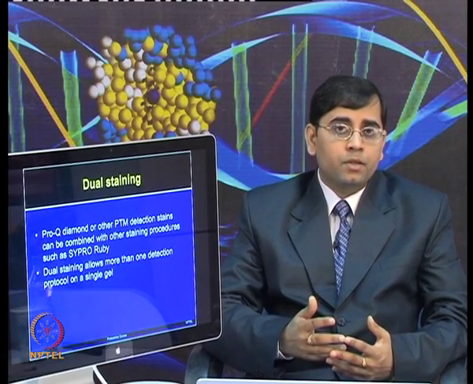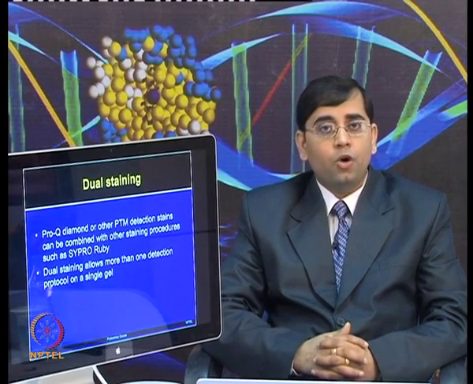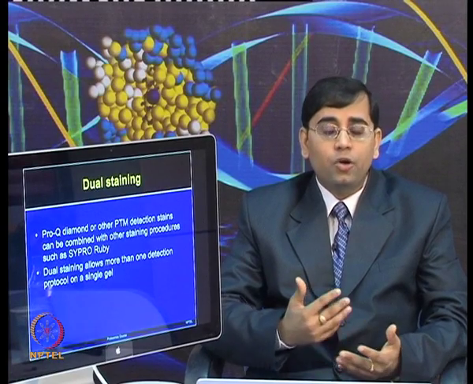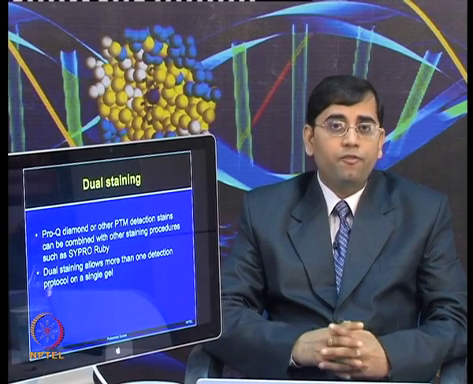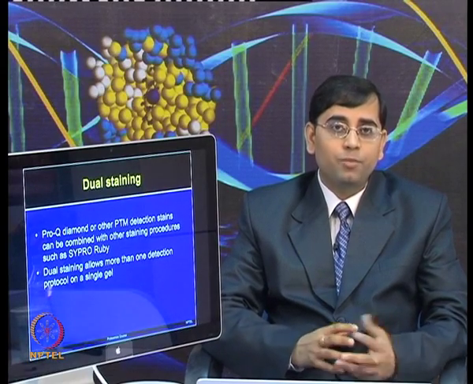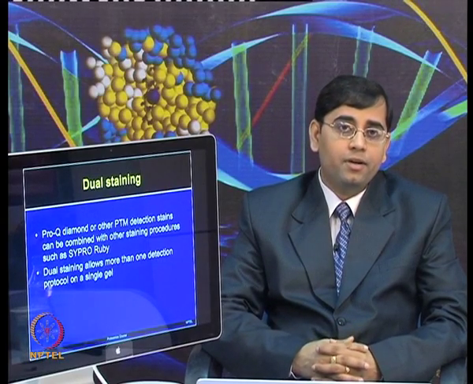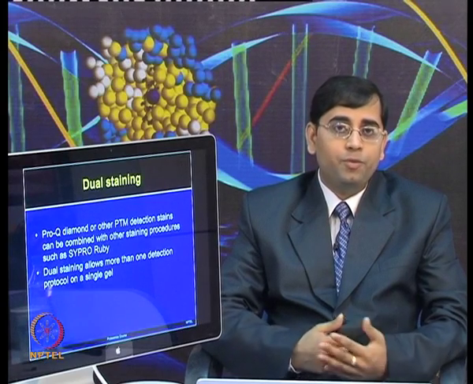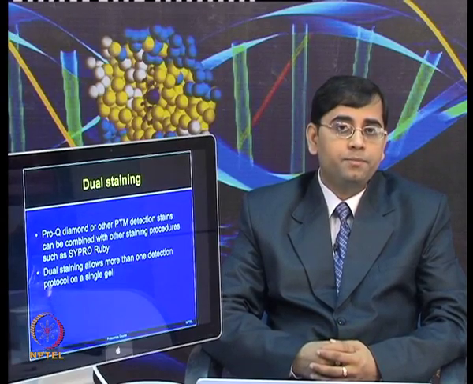So, after all of this type of staining detection, now you are ready to scan the image, because now you can see all the protein spots available on the gel in different colors, whether it is blue in Kumasi or brown in silver, pinkish in SYPRO, or different types of fluorescence pattern in Cyanine dyes and Pro-Q diamond.